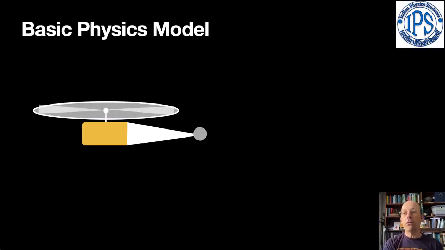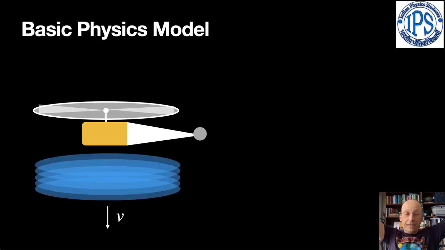Okay, let's model the forces on a hovering helicopter. Imagine that this helicopter just takes a cylinder of air that's the same size as the rotors and throws it down. And that throwing down of air is what's going to cause the air force pushing up.